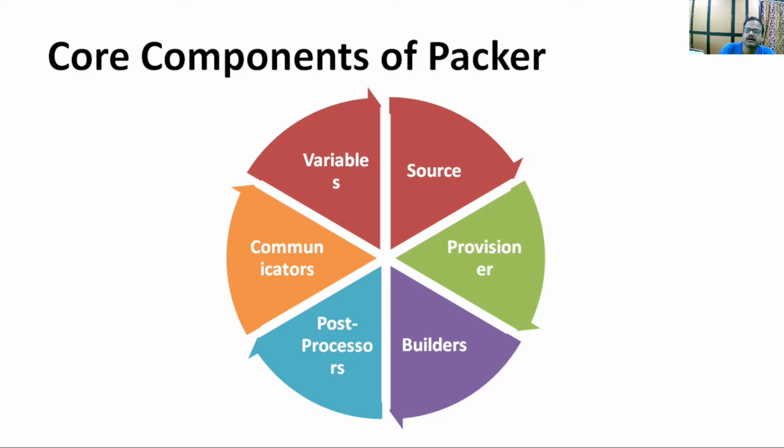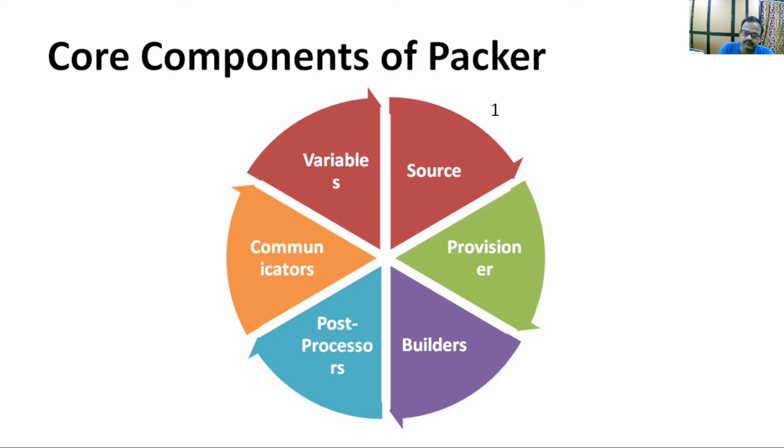Just to summarize, we have seen what is source, provisioner, builders, post processor, communicators, and variables. These are the core components of a Packer file. As I told you, take up any Packer file, you will see these things only.